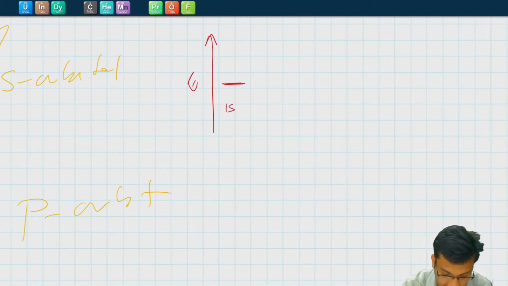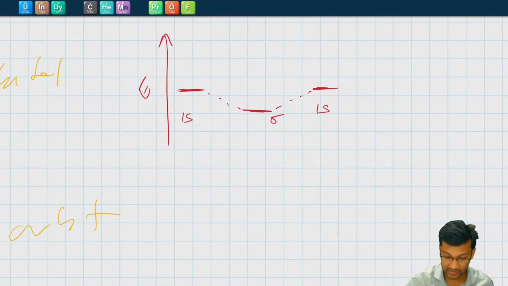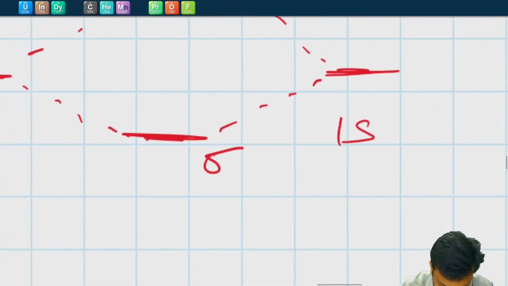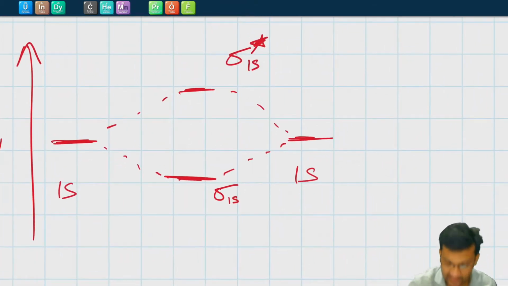This is the energy that it has. Let's say there's another 1s orbital over here with this energy. When they come together, they'll form a sigma bonding orbital that's lower in energy, and they'll form a sigma antibonding orbital that's higher in energy. And since these came from 1s orbitals, I'll label these with a 1s subscript. So that's how we label them.